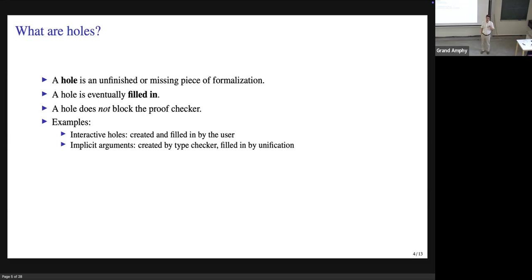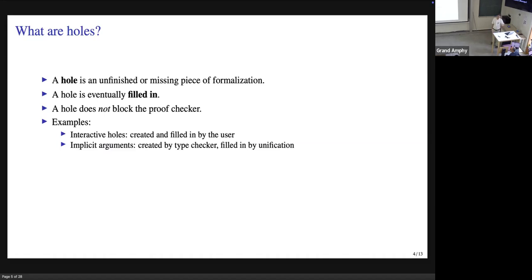So what it will do is put a hole in. It will say, oh, there's a missing argument here, let me put in a hole. And then it'll keep going because it doesn't know what the missing argument is. So now it's a hole. And some mechanism at some point, in this particular case unification, is going to figure out, oh, that should have been such and such, and then it's going to do it. So these are examples of holes.